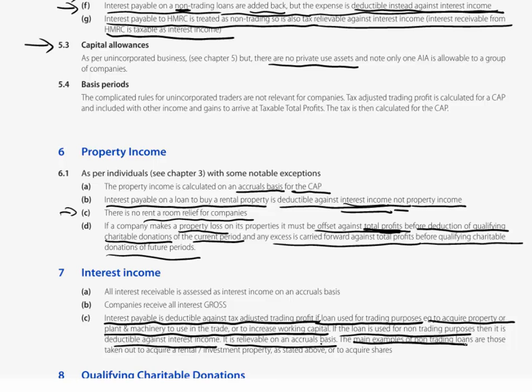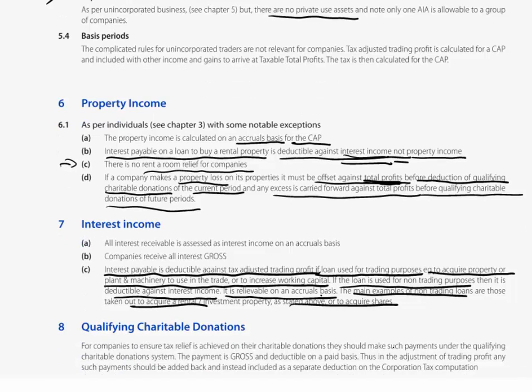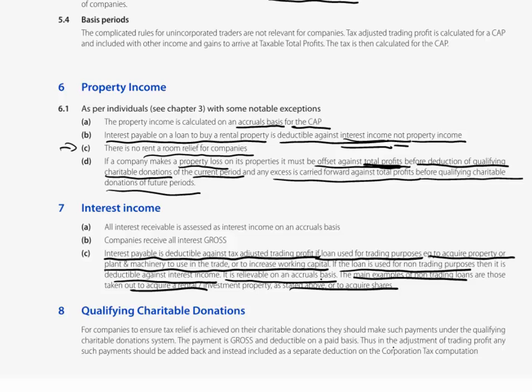And as we've just said, main examples, acquiring a rental property or to acquire shares there. So interest income, dare I use the pun, is rather more interesting than you might think, because not only do we have interest income receivable, but it will be reduced by interest payable on non-trading loans.